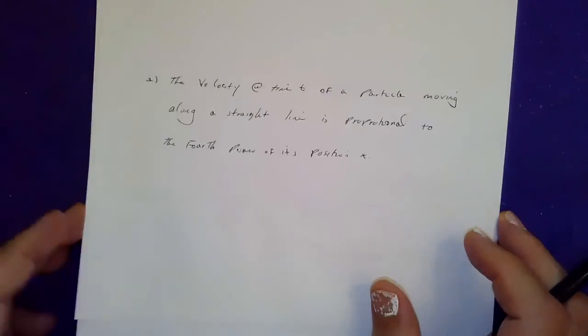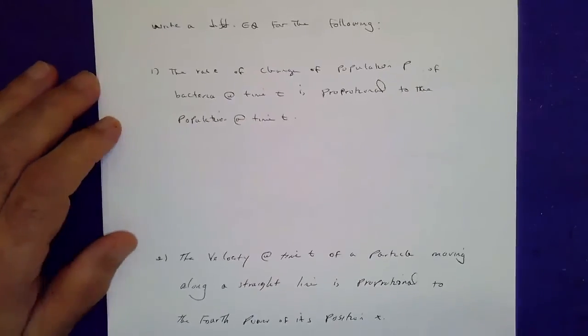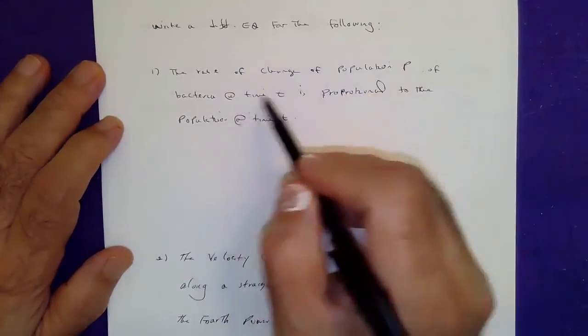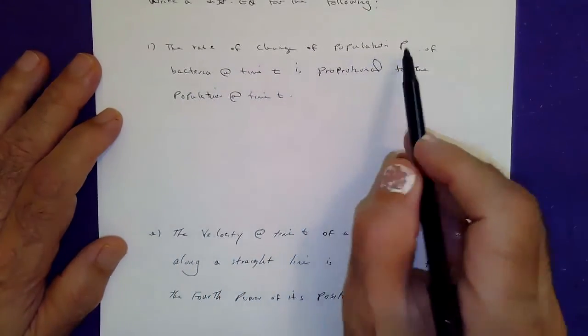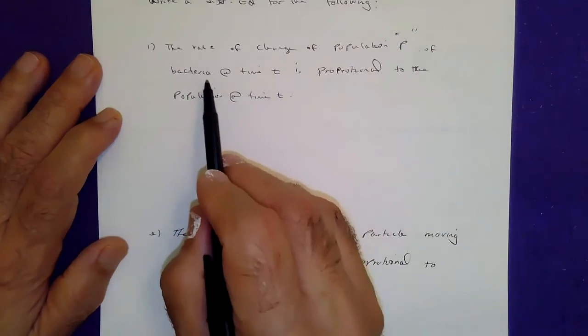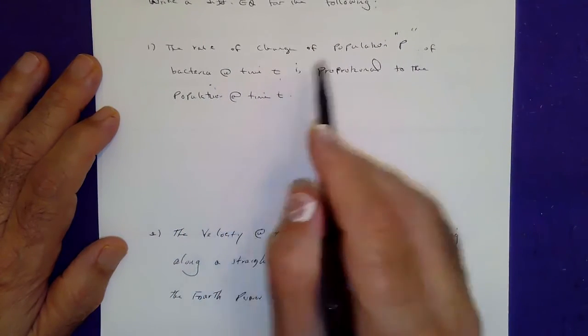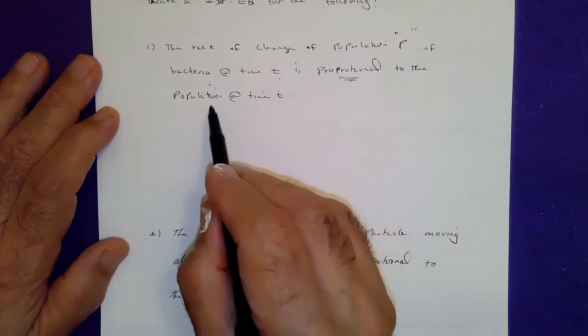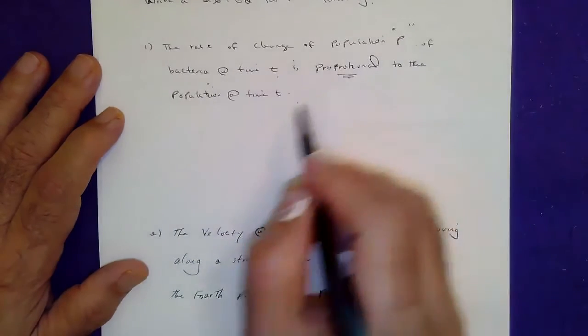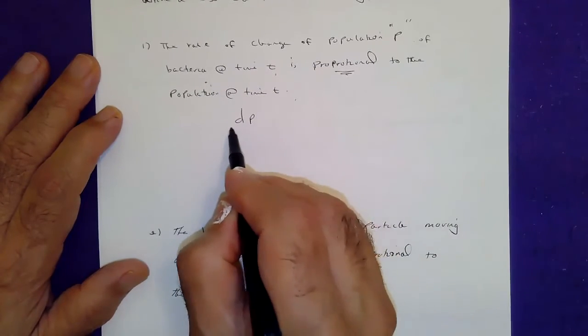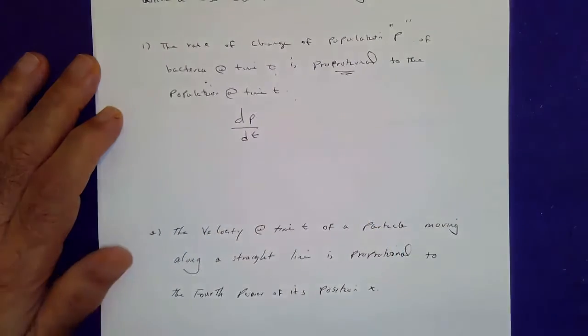So now let's finish this section with writing the differential equation for the following statements. It says the rate of change of population P of bacteria at time t is proportional to the population at time t. The rate of change is how fast the population is changing with respect to time.